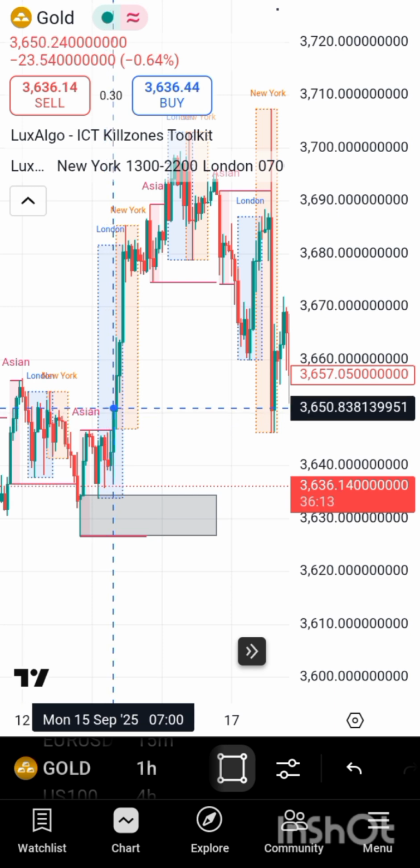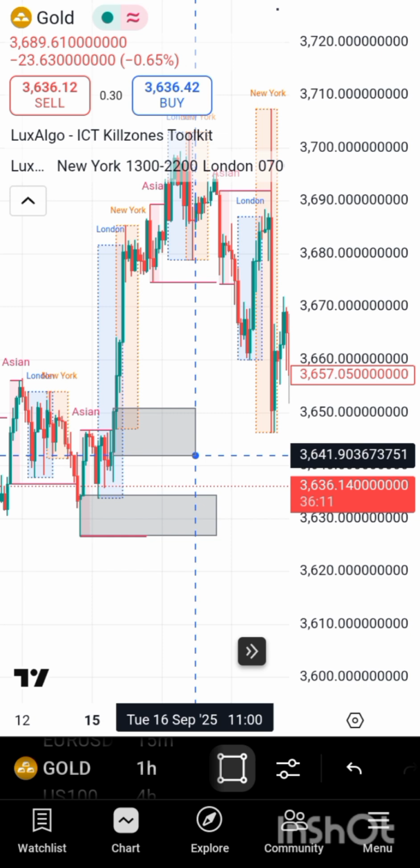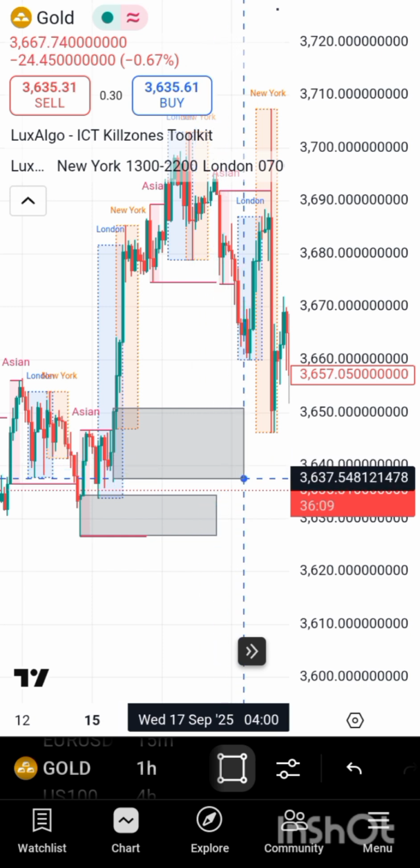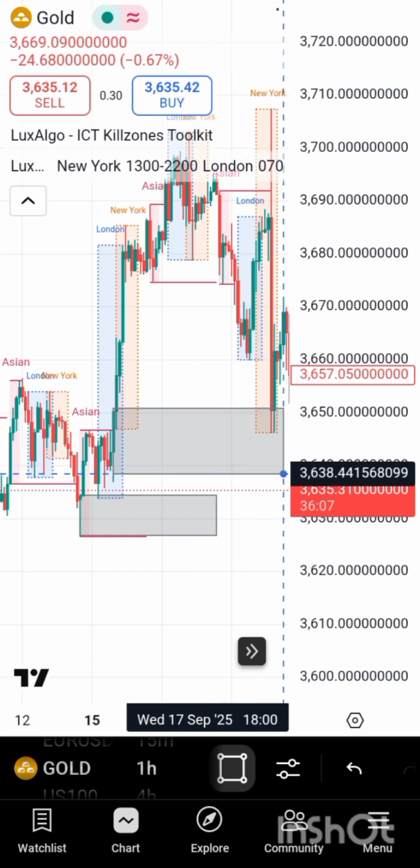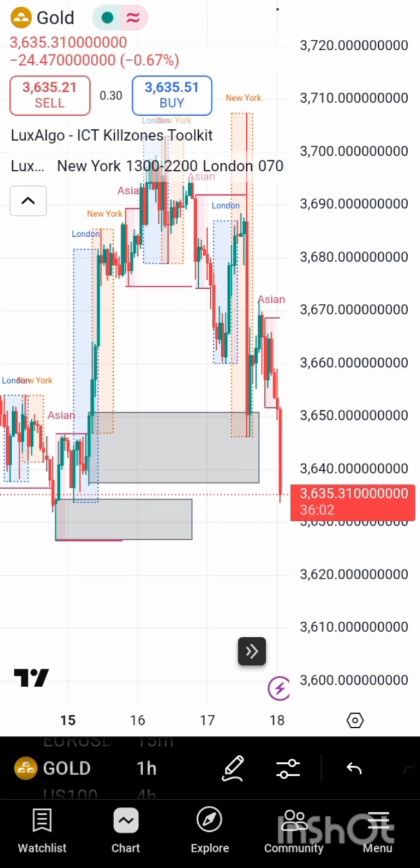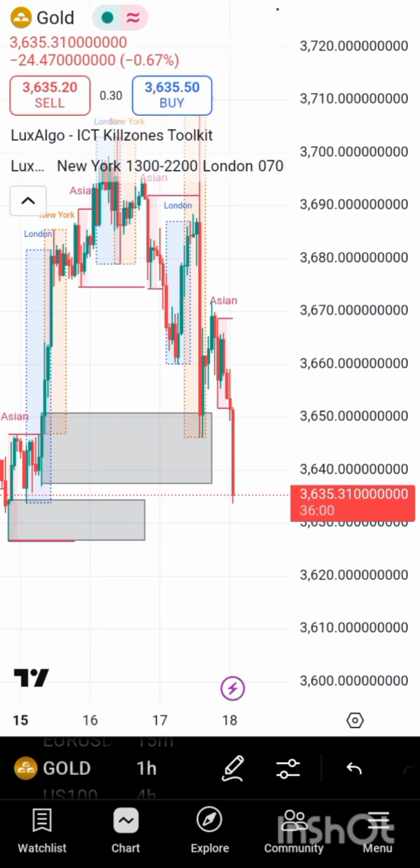We mark this last candle here. And you can check, when price tapped into that zone, we had a little bit of a buy. Though it was not that aggressive a buy, you could have made some little amount of money from that move.